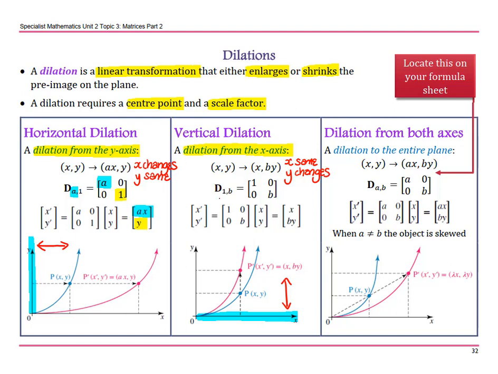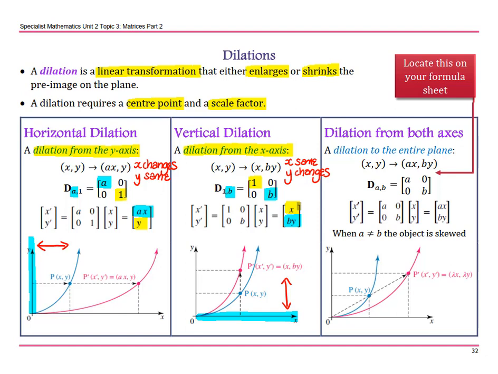I've decided to use the notation D 1 B. So the x stays the same, it stays as 1, which you can see in that matrix, but your y value is going to be changed by a scale of B. Again, if we multiply that dilation matrix by x, y, we end up with x, By. So our y value is changing, our x is staying the same.